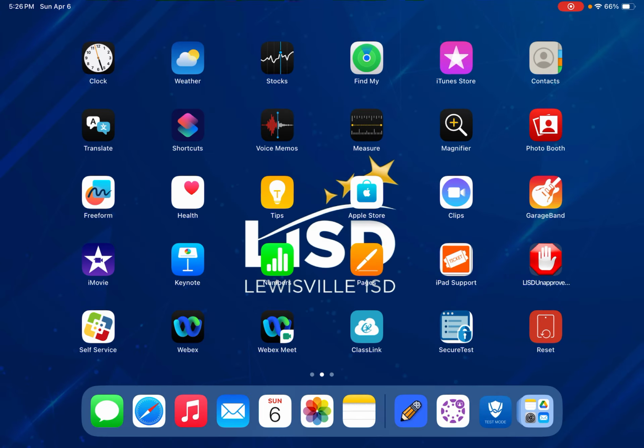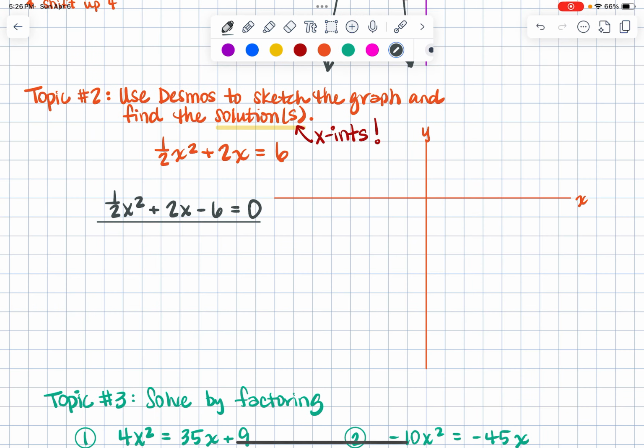Okay, so I'm going to go back to my Notability, and I'm going to plot all of those very special points that Desmos gave me, right? So -6, 0. -2, 1, 2, 3, 4, 5, 6, 7, 8. Because we still want accurate graphs, right?